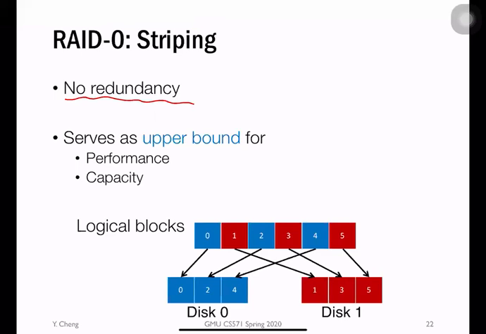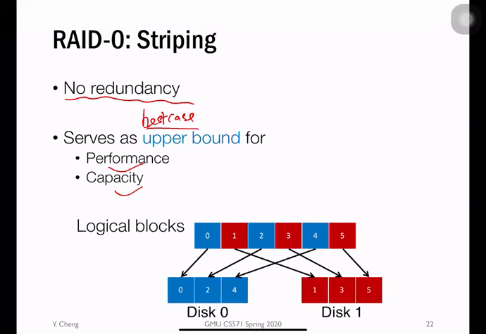So for the first two metrics, it serves as the best case baseline, the best case in terms of performance and capacity, by sacrificing reliability. So it's always a trade-off. If you want to gain the best for the first two dimensions, you sacrifice the third dimension.